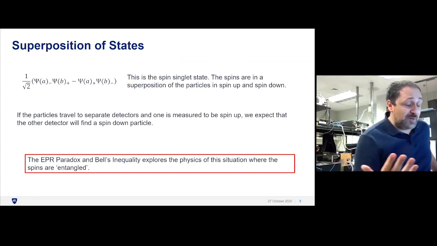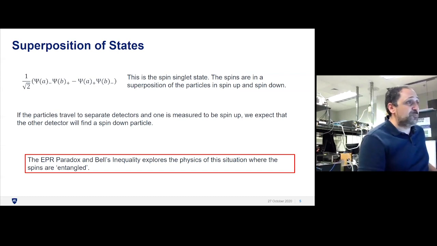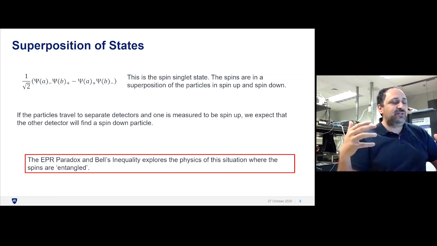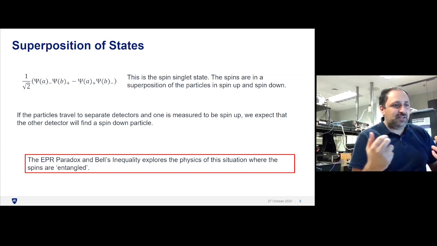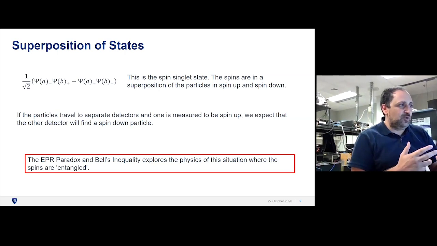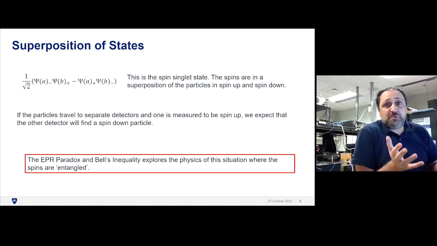So this is a bit of a jump. You can have a superposition of states. Say you have two spins, an electron and another electron, or even just an electron by itself. It can be in a superposition of states.